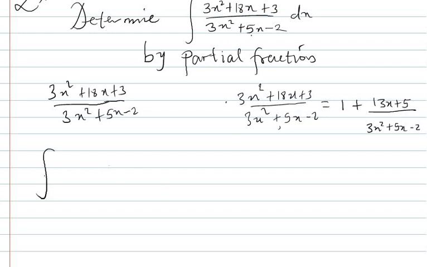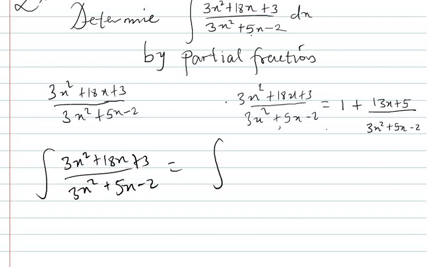So the integral of (3x squared plus 18x plus 3) all over (3x squared plus 5x minus 2) is equal to the integral of 1 plus (13x plus 5) all over (3x squared plus 5x minus 2), in brackets, dx.